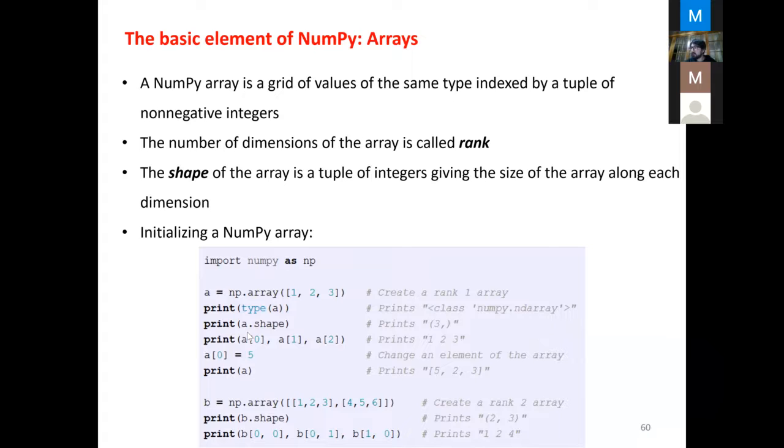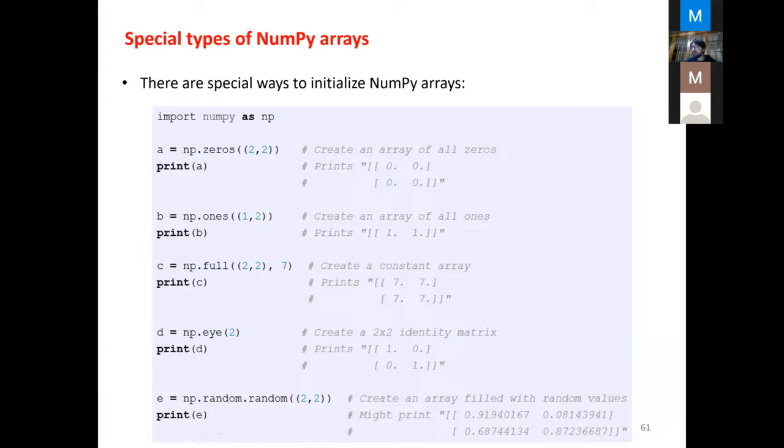Okay. There are specific ways to initialize arrays. So if we want an array with only zeros, we can use a special initializer called zeros. And then you specify the dimension of the array. Again, remember that the shape of the array is a tuple, so you need to specify it between parentheses.